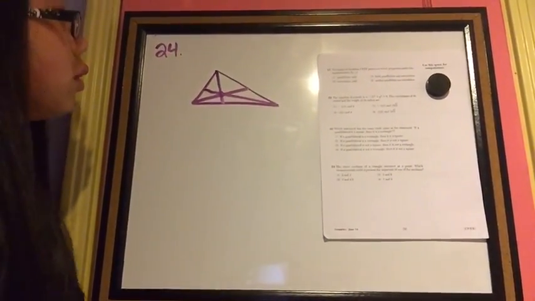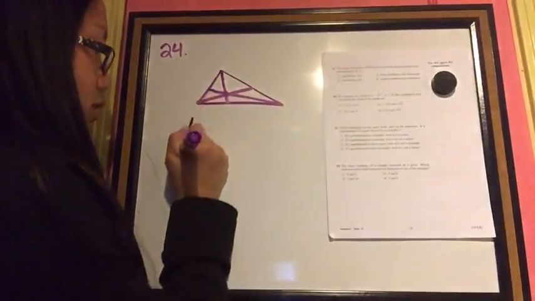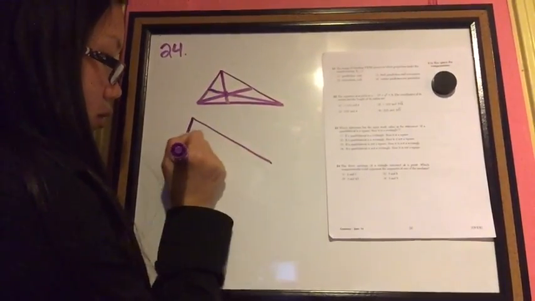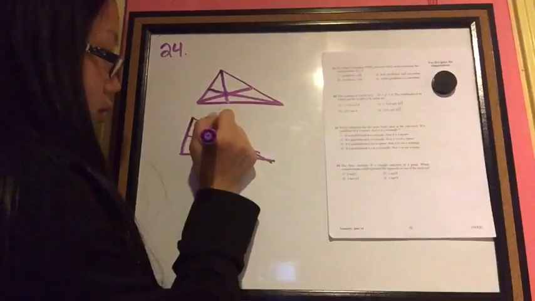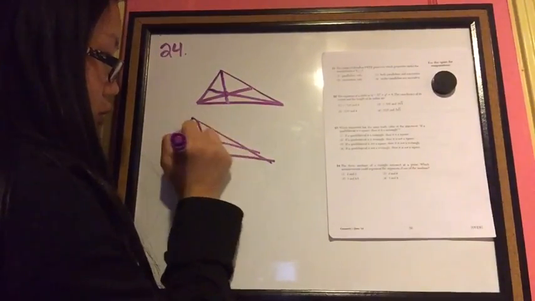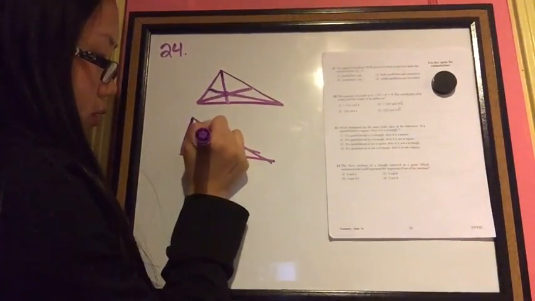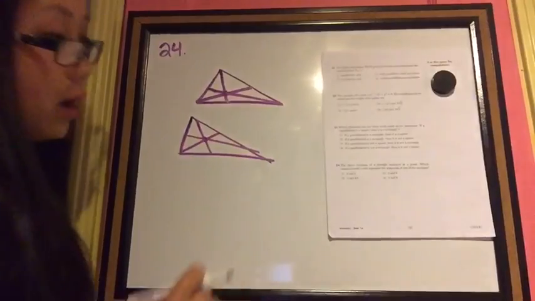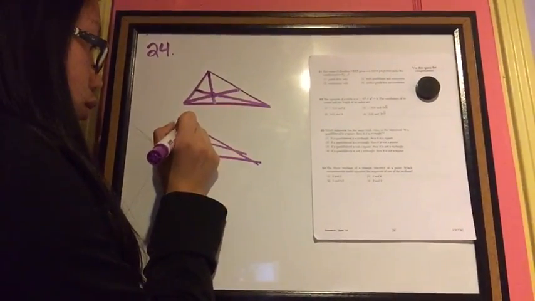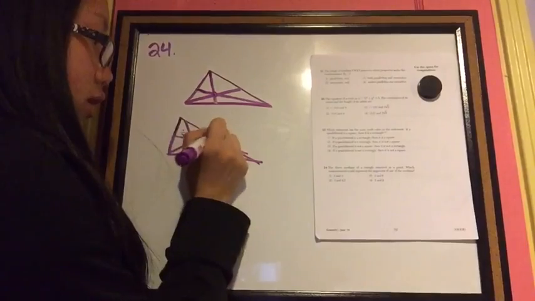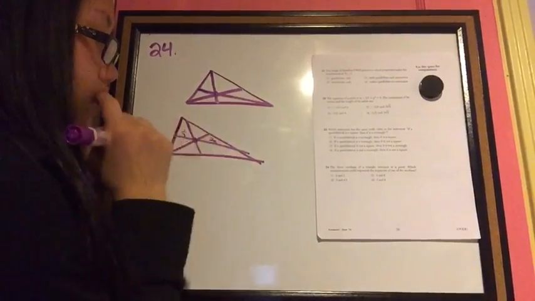So, what's special about this is when you form this median, let's redraw this. Each line is split up into, this is 1/3 of the line and this is 2/3 of the line.